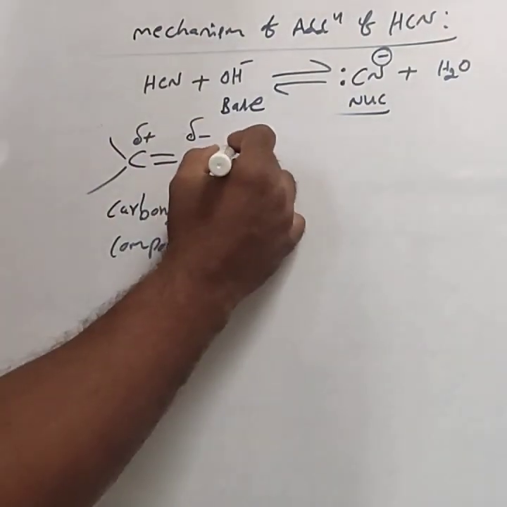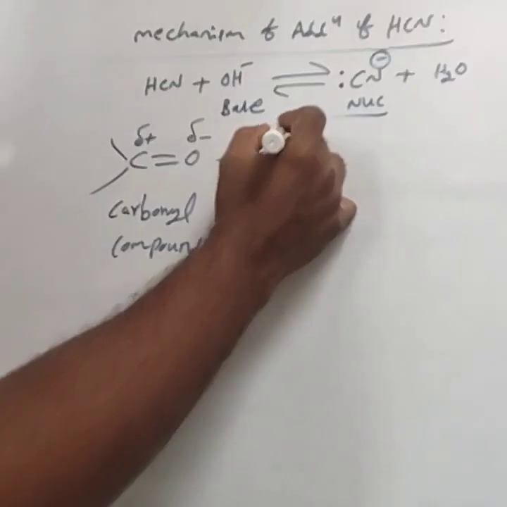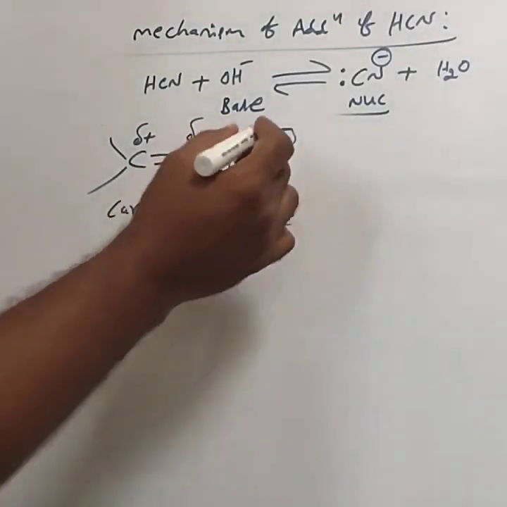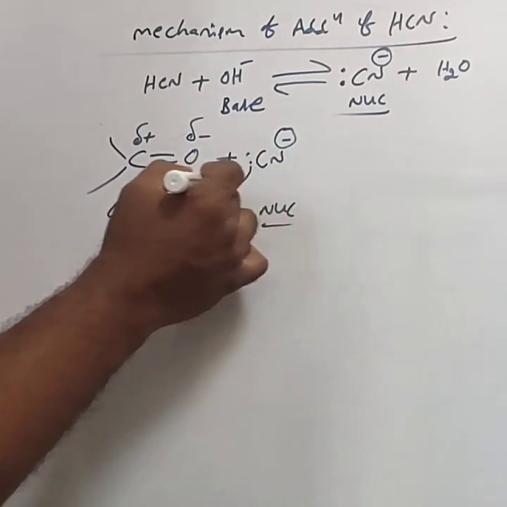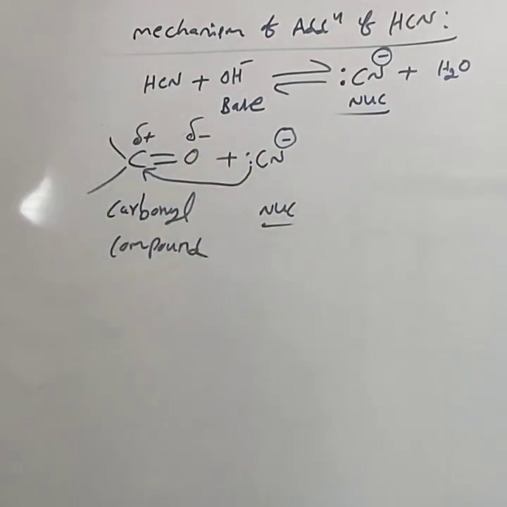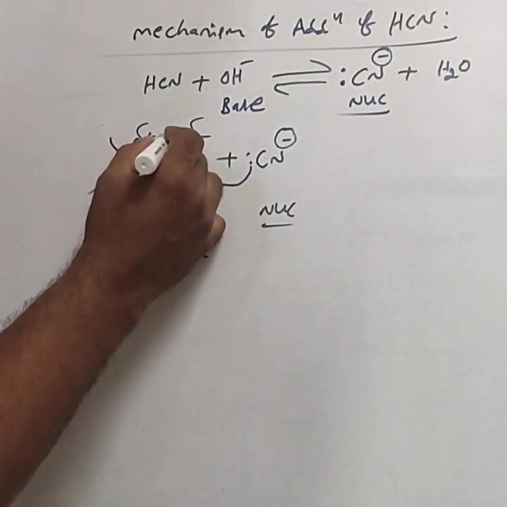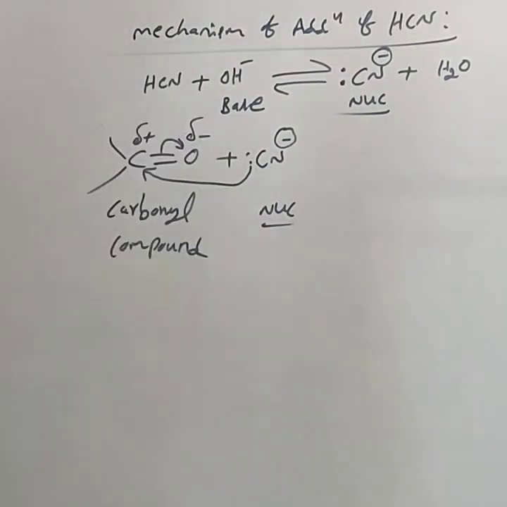Then it combines with the nucleophile CN minus, the nucleophile generated in the first step. This nucleophile bonds to the carbonyl carbon. At that time, the pi electrons shift towards the oxygen.